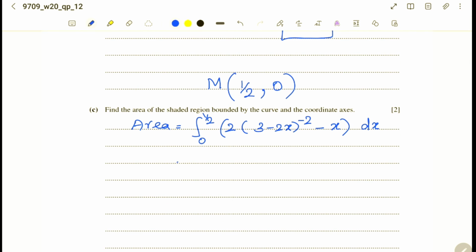Now let us integrate this one. Let's take 2 times 3 minus 2x the whole power negative 2 plus 1, which is negative 1, divided by negative 1 multiplied by the coefficient of x, negative 2, minus x square divided by 2, and the limit is 0 to 1 over 2.